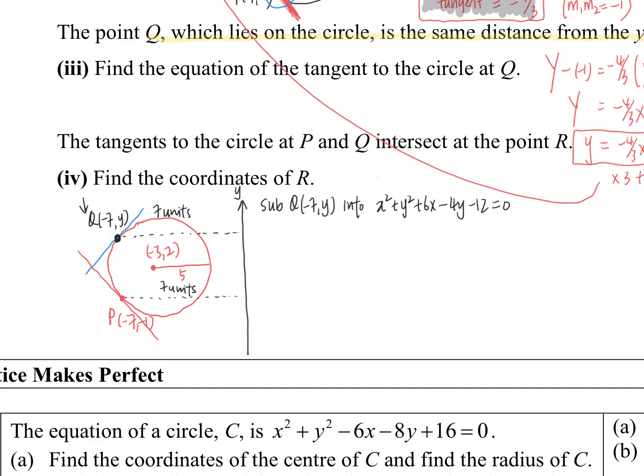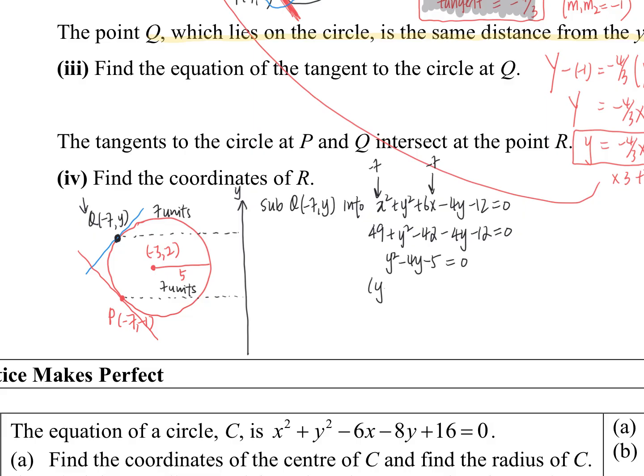So I'm going to sub my x in as minus 7, and my y in as just y. So this is 49 plus y squared minus 42 minus 4y minus 12 equals 0. So it ends up being a quadratic. If you simplify it, you will end up having y squared minus 4y minus 5.